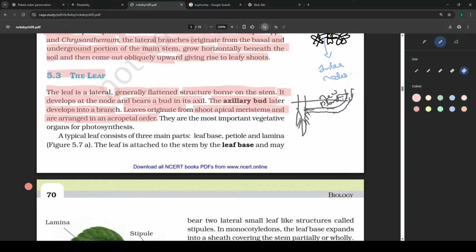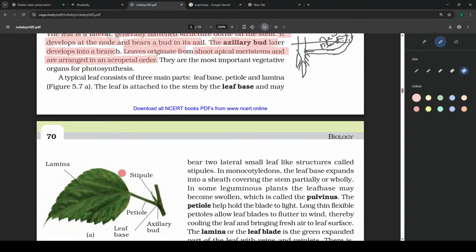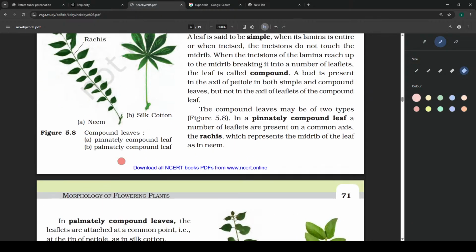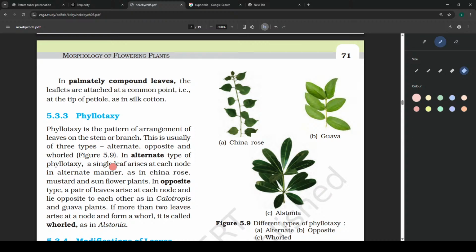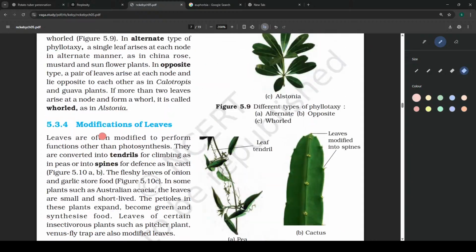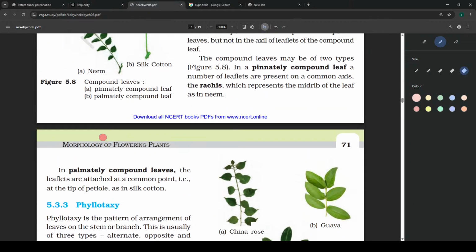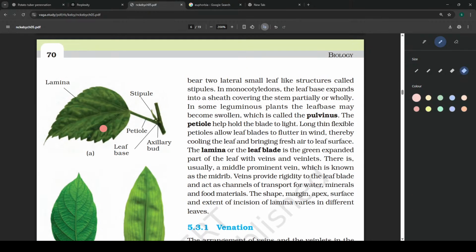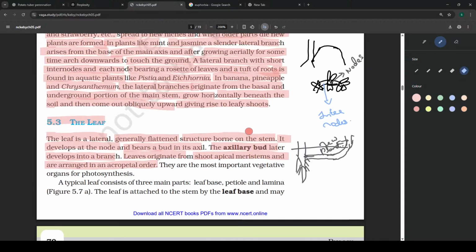Okay, I think we'll see more about this acropetal order later, in phyllotaxy or modifications of leaf. Fine. The leaves originate from shoot apical meristems and are arranged in acropetal order.